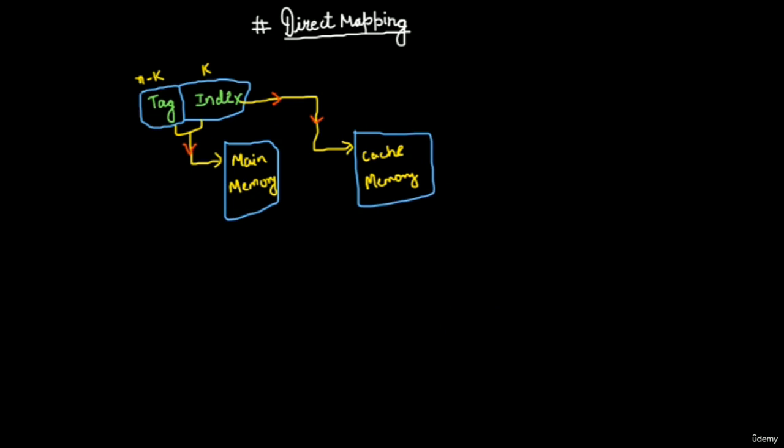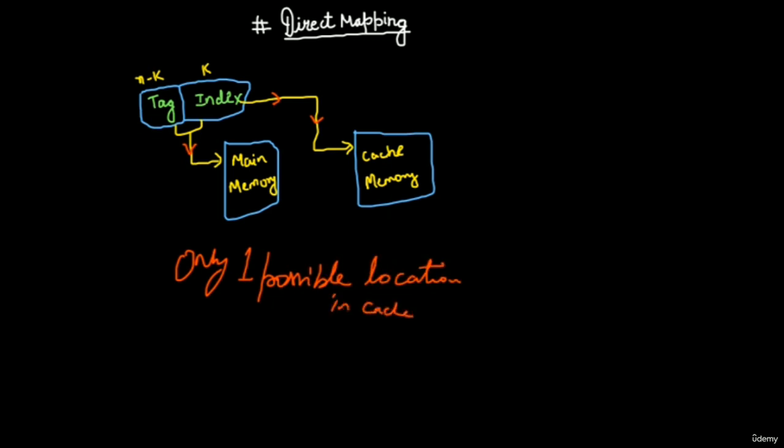So, in this technique, each block of the main memory has only one possible location in cache memory, or let's say cache organization, whichever way you like to call it.